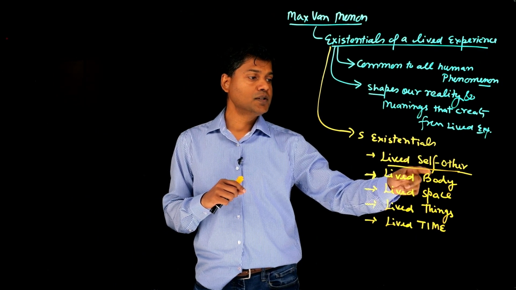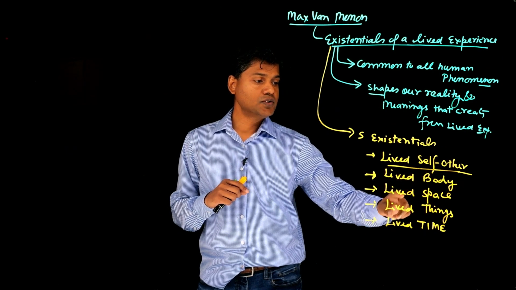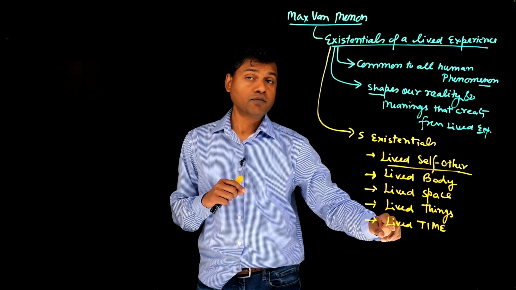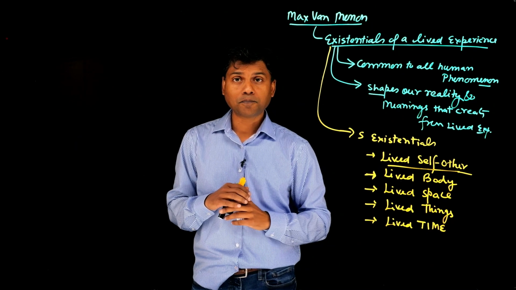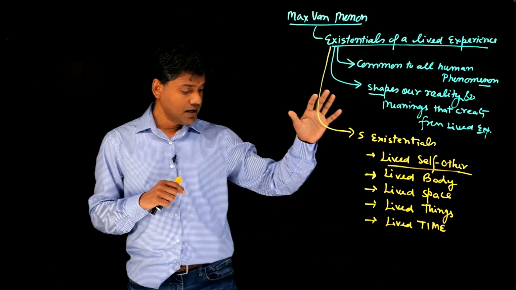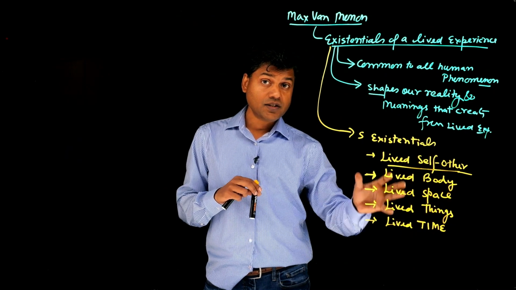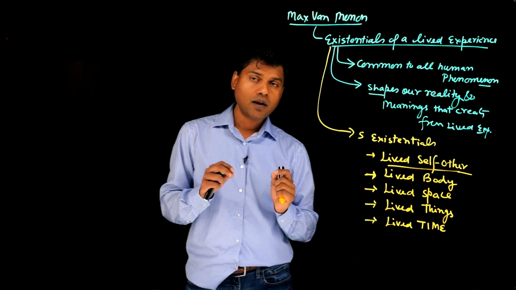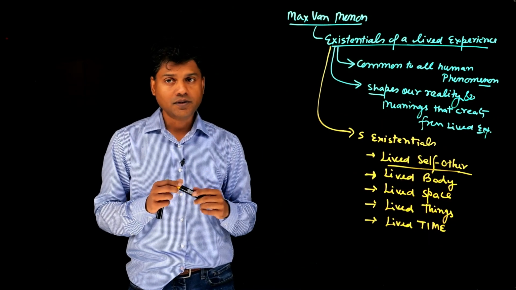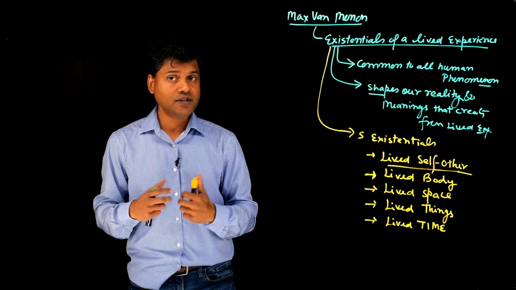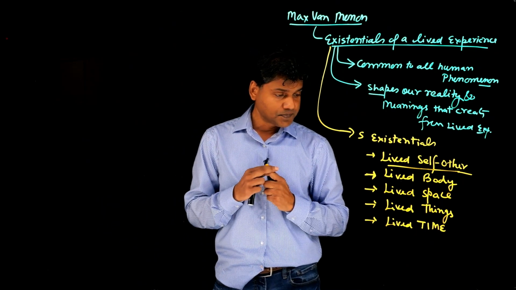The second one is lived body, lived space, lived things, and finally the fifth one is lived time. So we are going to study all these 5 existentials to learn how to analyze the experiential lived data that we have collected.